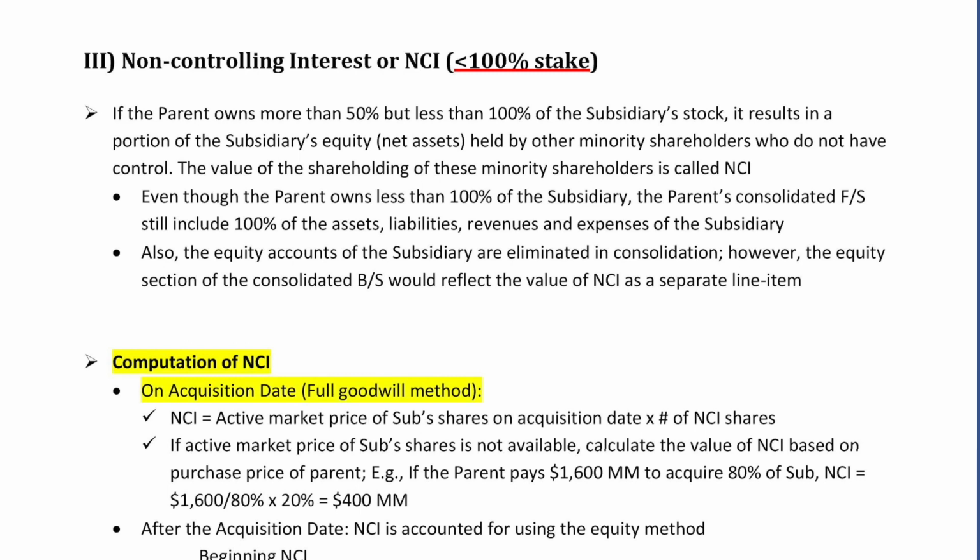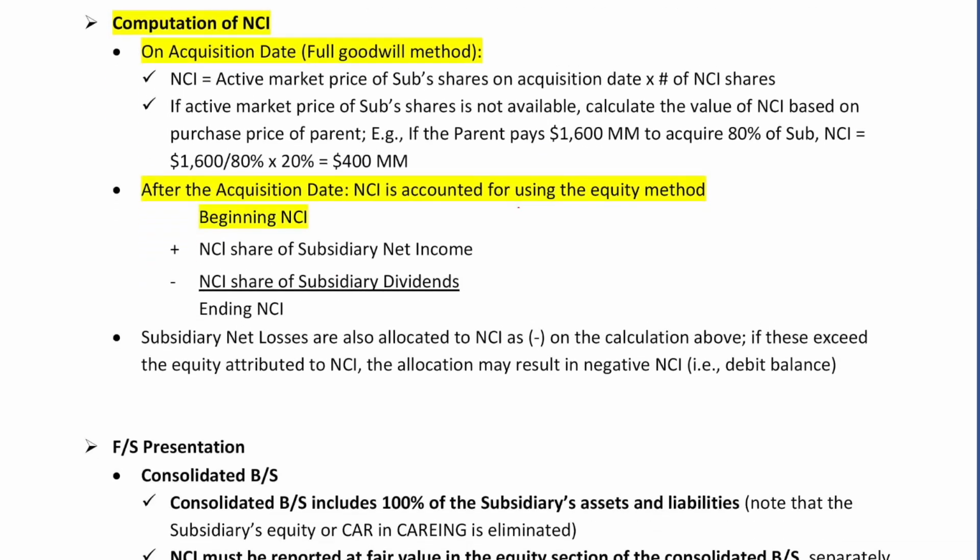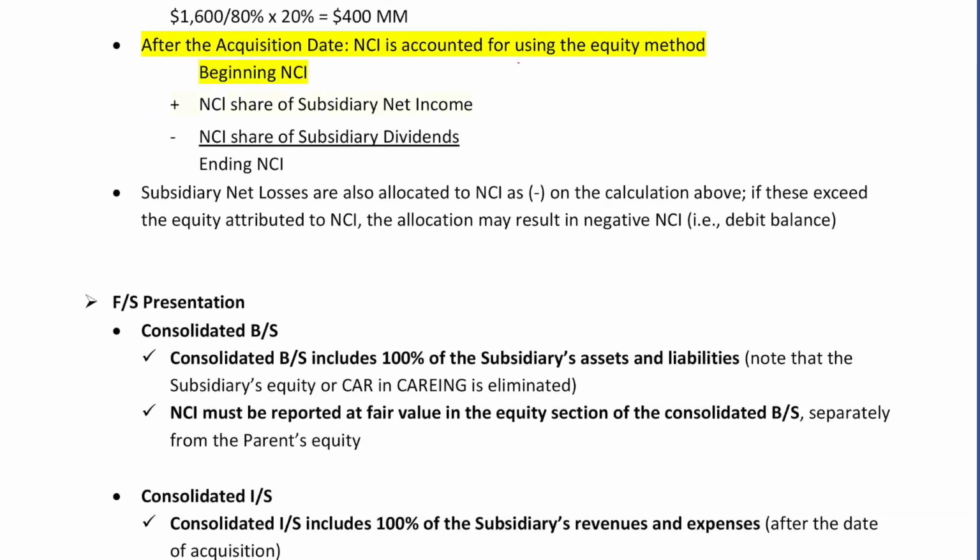And then highlight after the acquisition date, NCI is accounted for using the equity method. Highlight beginning NCI, and to that you add highlight NCI's share of the subsidiary net income. Highlight subtract NCI's share of the subsidiary's dividends, and that gives you highlight ending NCI.